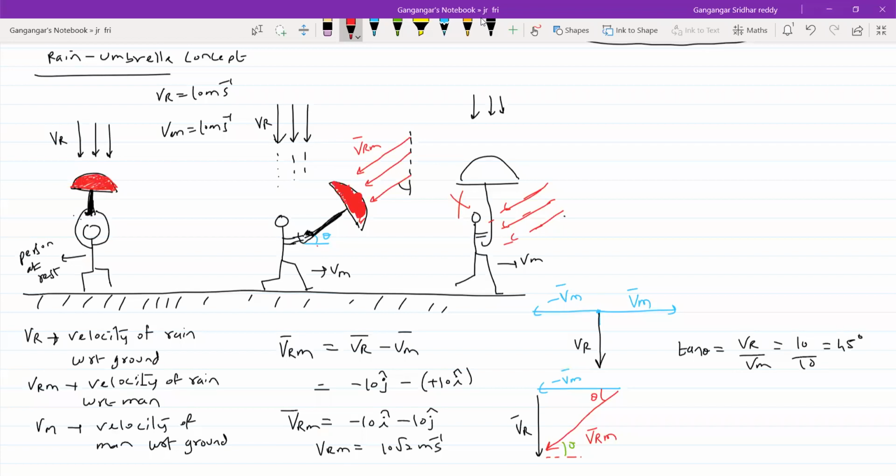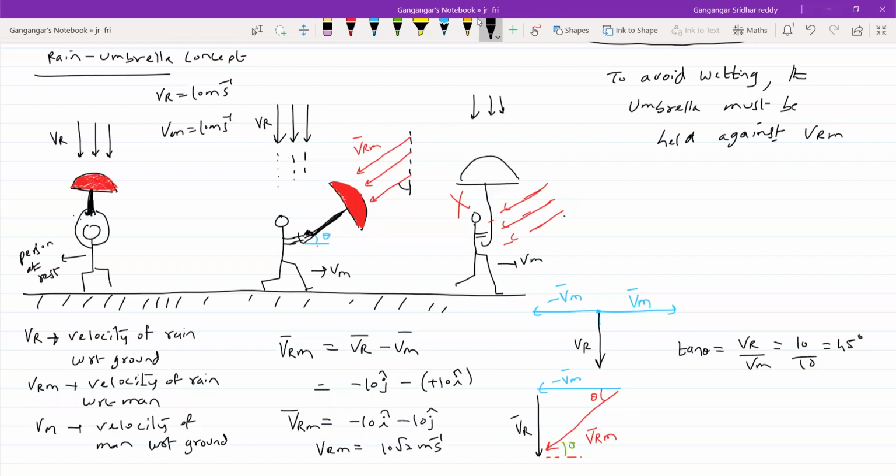The dome of the umbrella should be oriented against the Vrm bar. So what is the basic necessary condition to avoid wetting? The umbrella must be held against the Vrm bar.